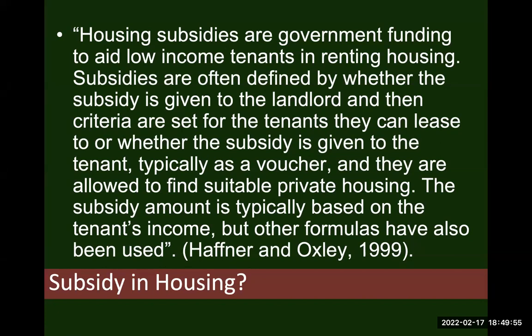Subsidies are often defined by whether the subsidy is given to the landlord, with criteria usually set for the tenants they can lease to, or whether the subsidy is given to the tenants, typically considered as renters, who are allowed to find suitable private housing.